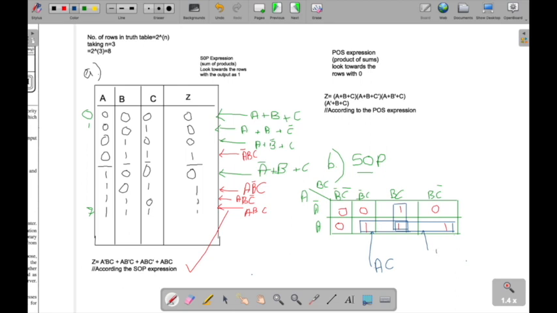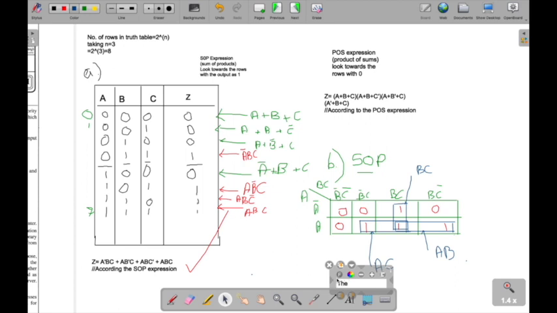We have next, ABC bar, which means that we should consider taking AB. We have BC, A bar BC and ABC, which means that we should consider taking the common values BC, right? Now we have 3 values, so this will be the simplified SOP expression.